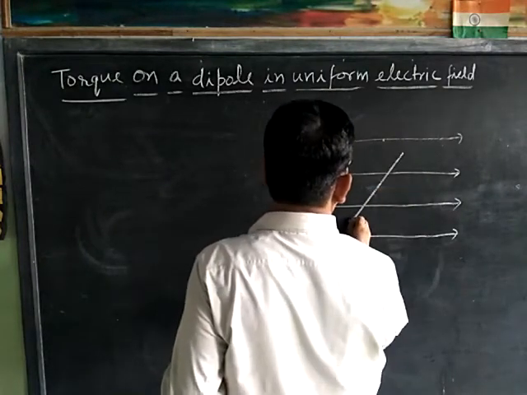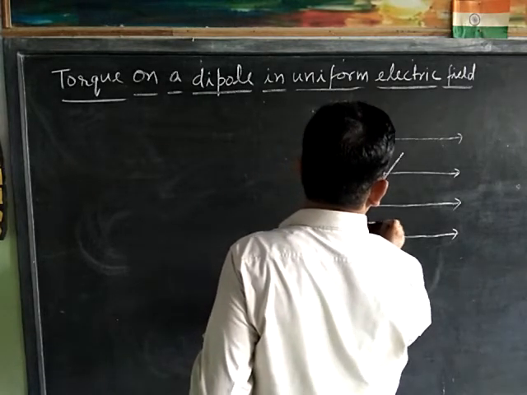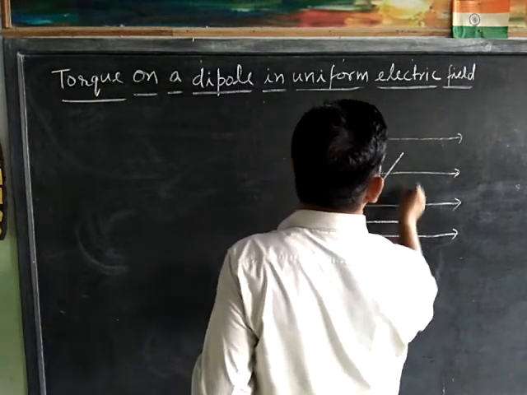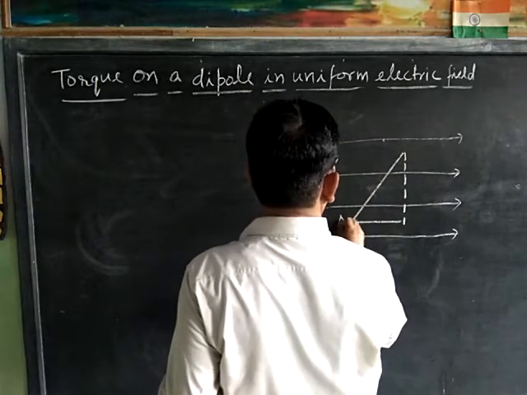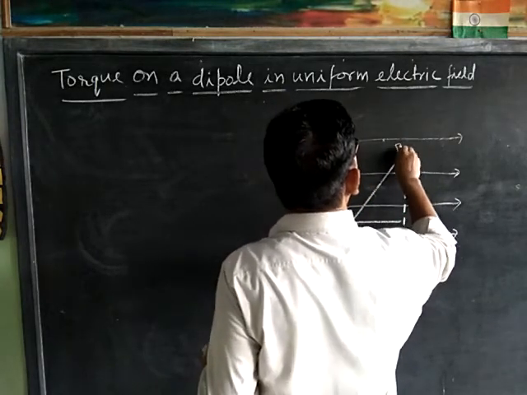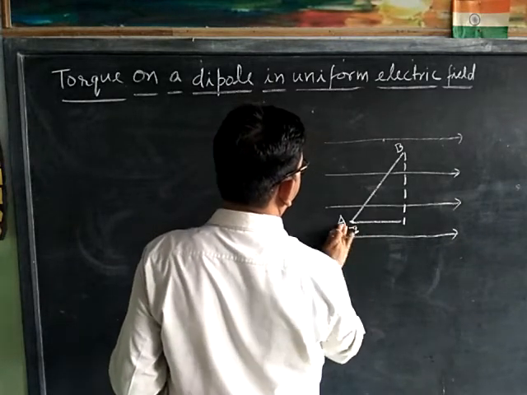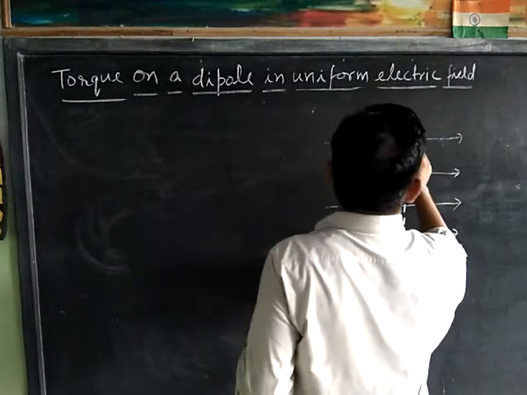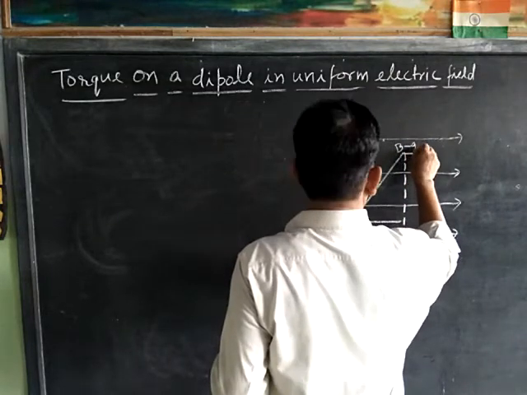Consider a dipole AB consisting of minus q and plus q charge. This is A and this is B. Here the charge is minus q and plus q.